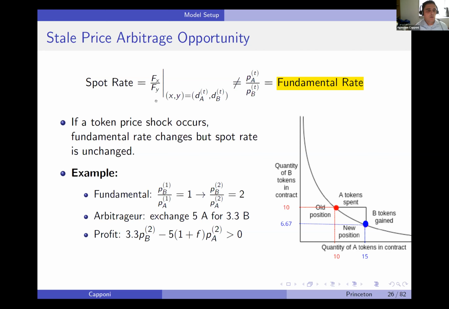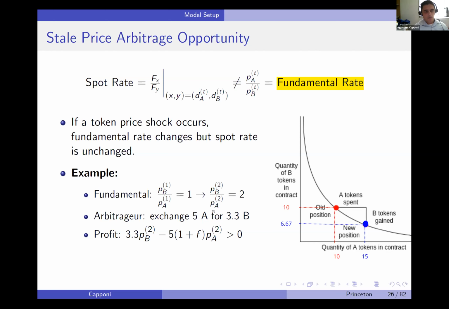For example, suppose that there is a positive shock to the price of token B. So token B relative to token A goes from 1 to 2. Then if I want to do an arbitrage, what do I do? I go inside this automated market maker where nothing has happened, because the price has changed outside of the AMM, but the price inside has not changed because nobody has traded yet. So the price is entirely determined by the amount of reserves in the pool.